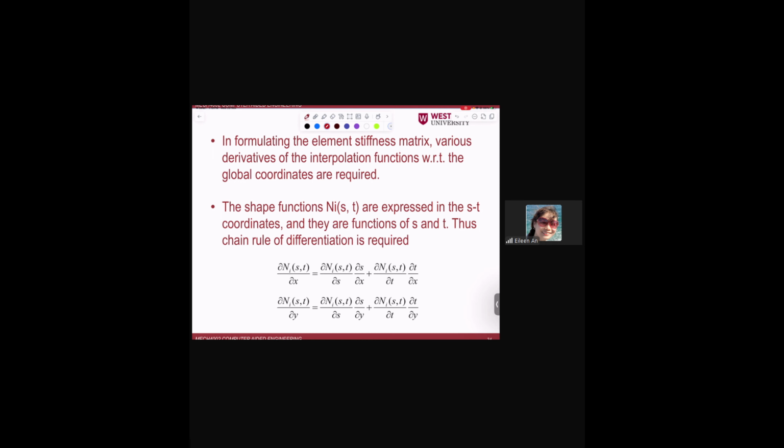The Jacobian matrix is actually the equation used to transfer ST to XY or vice versa. So by using the Jacobian matrix, we can easily convert the coordinates from S and T to XY. Now let's have a look at how the Jacobian matrix works.